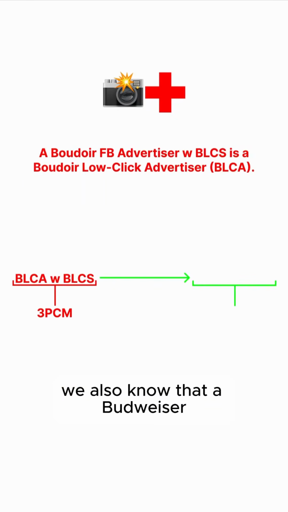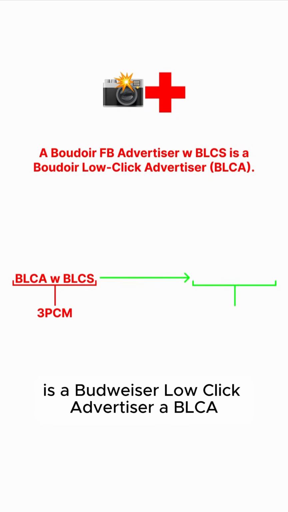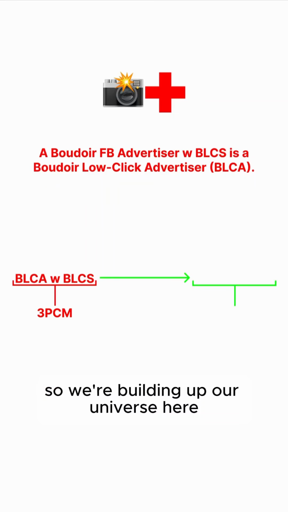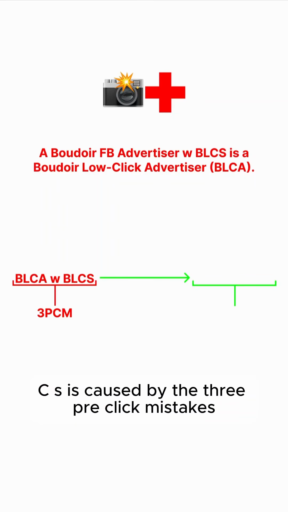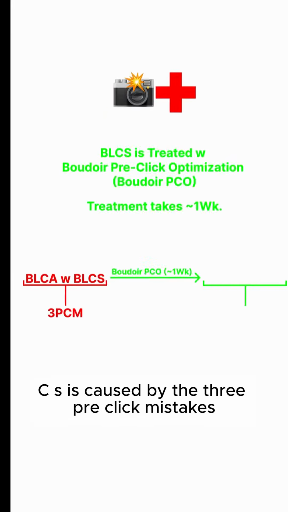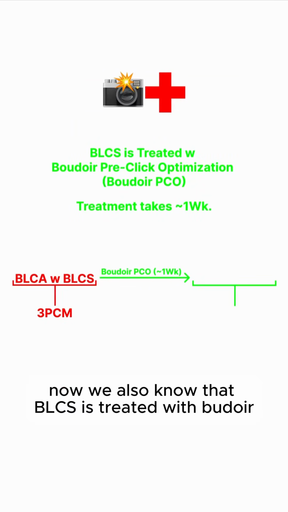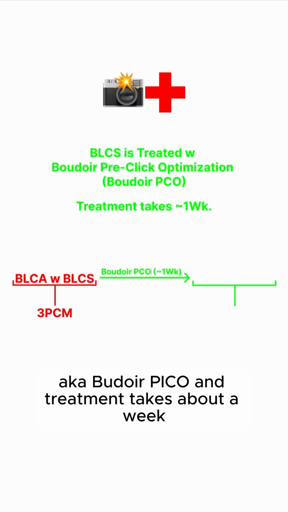We also know that a boudoir Facebook advertiser with BLCS is a boudoir low-click advertiser, a BLCA. So we're building up our universe here. We got a BLCA with BLCS caused by the 3 pre-click mistakes. Now, we also know that BLCS is treated with boudoir pre-click optimization, aka Boudoir Pico, and treatment takes about a week.